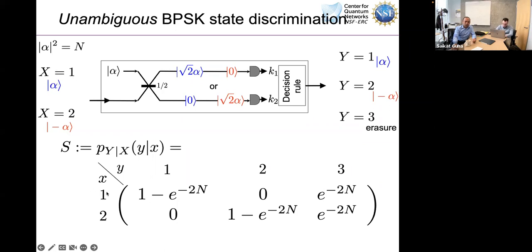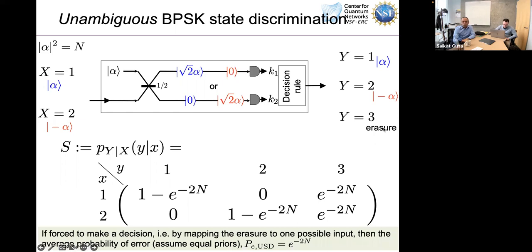If x is 1, your detector generates a click with probability 1 minus the probability of not generating a click, which is e to the minus magnitude squared of this quantity, which is 2 times alpha squared, 2 times n. But you never make a wrong guess, because if your detector does not generate a click, you just say that I don't know. With probability e to the minus 2n, in both cases, you just make this erasure guess. This y equals 3 is the output that says that I don't know.